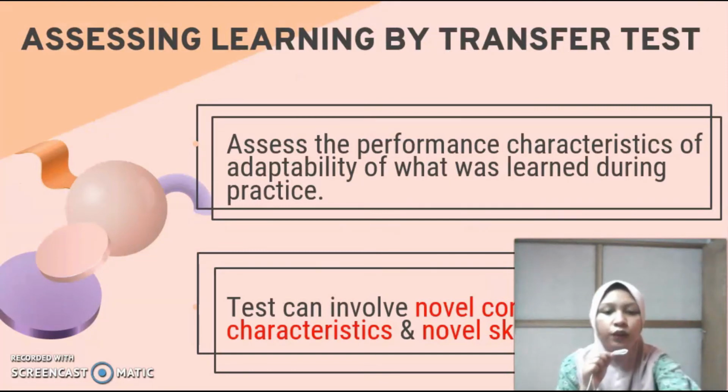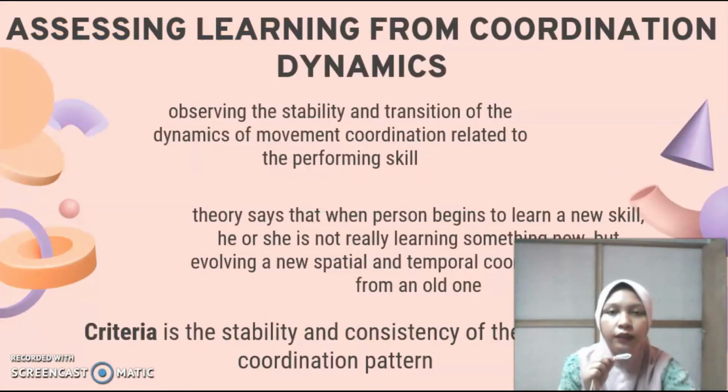Okay, next we continue with the third one, which is assessing learning from coordination dynamics. Coordination dynamics involves the observation of the stabilities and transitions of the dynamics of movement coordination related to performing a skill.